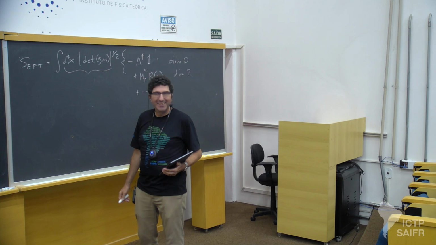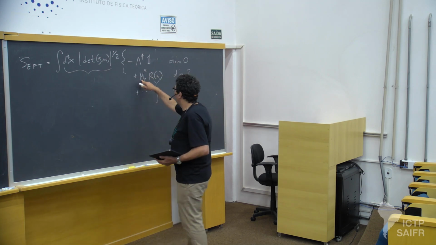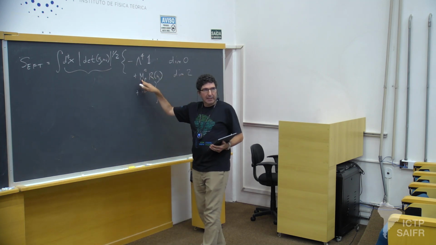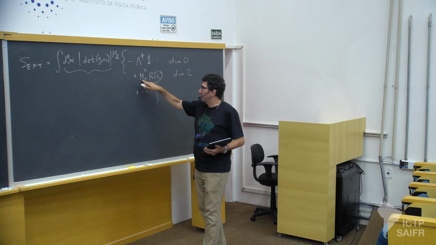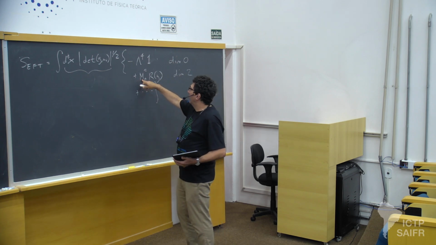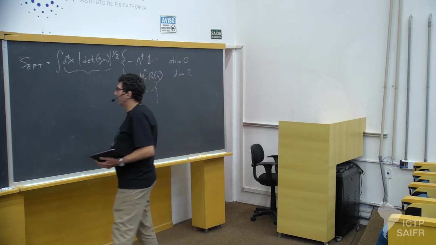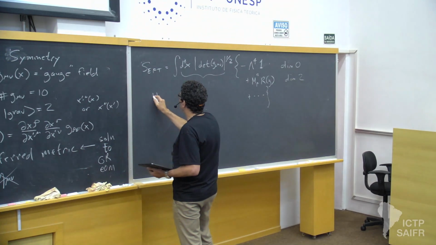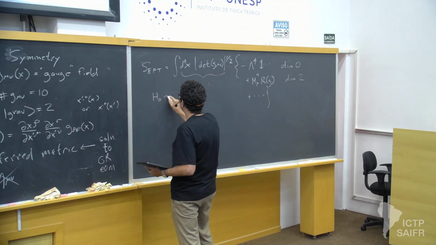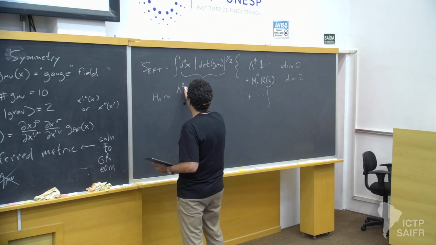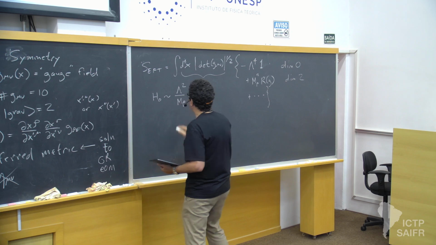This is the Planck scale that gives us Newton's coupling. But if this cosmological constant is non-zero, then it gives us some curvature, let's say today, like the Hubble constant, which would be like lambda squared over M Planck.